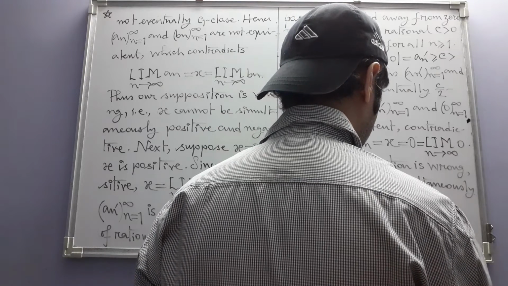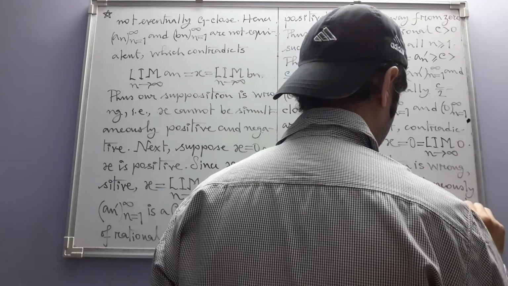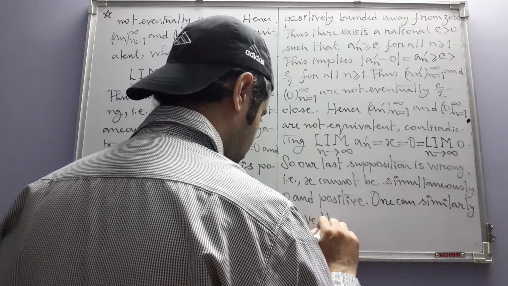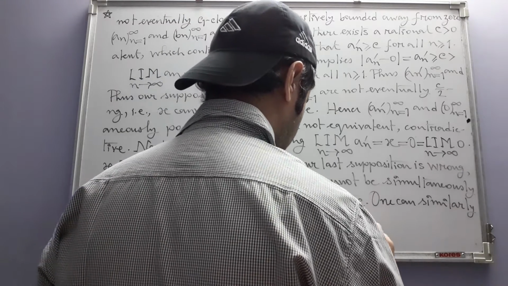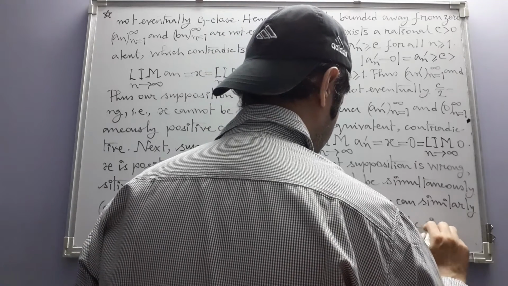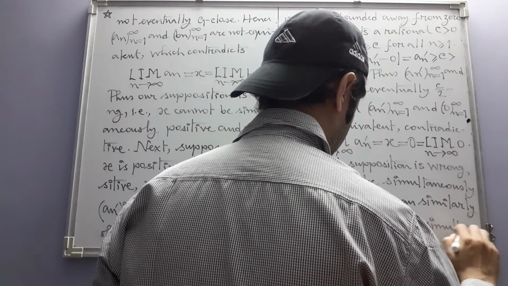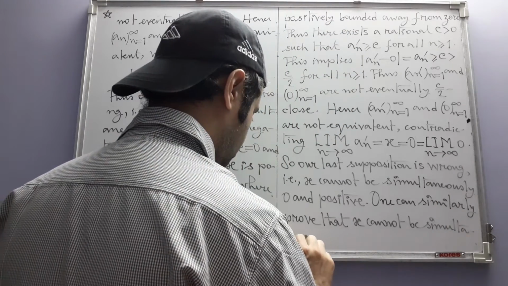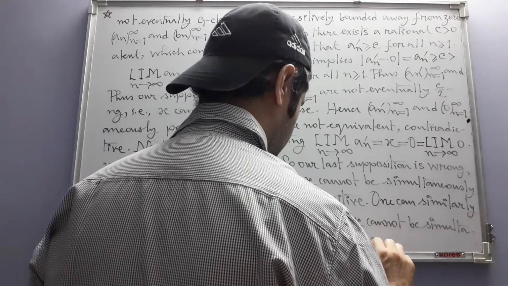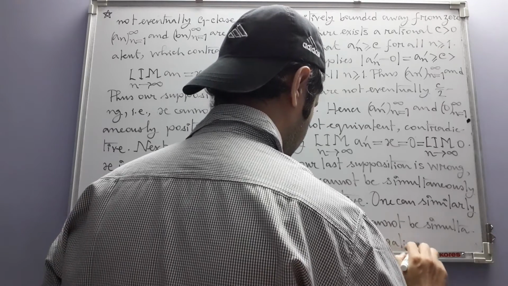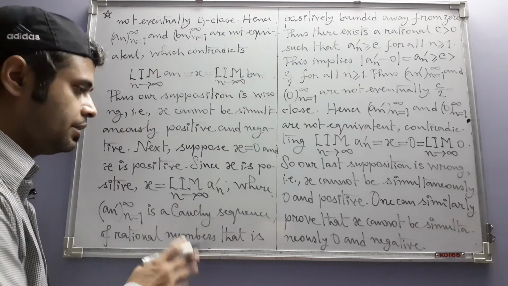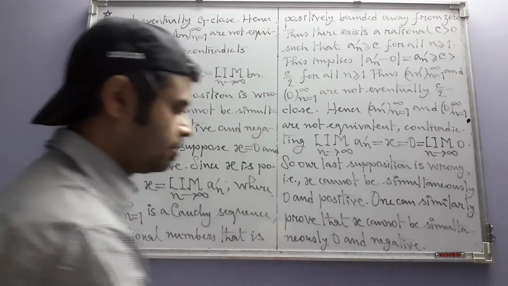one can similarly prove that x cannot be simultaneously 0 and negative. So what we endeavored to show in this part of the solution we have achieved.